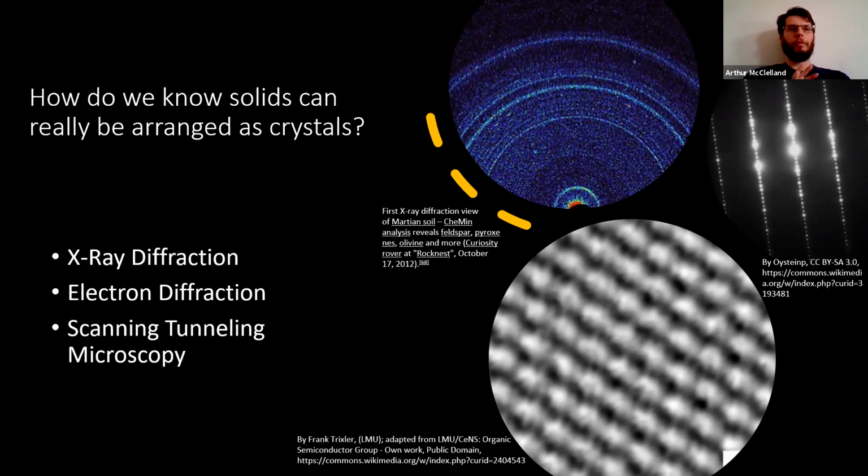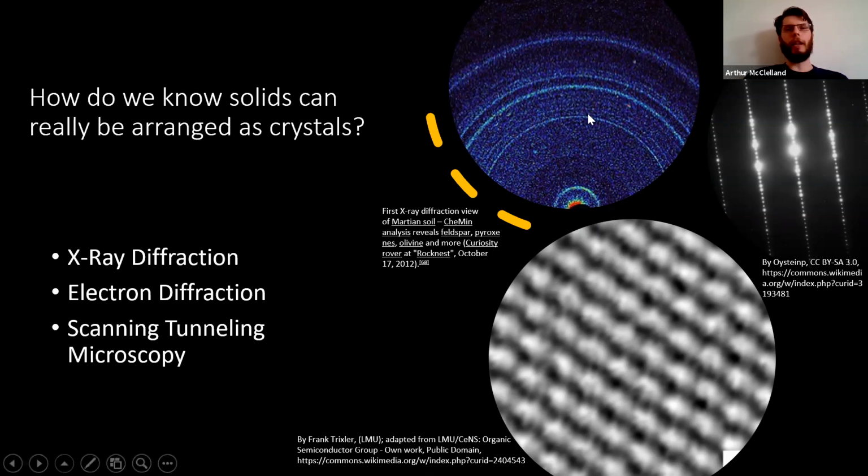All right. So that was all a nice mathematical presentation. You can work out the math, and there's 14 Bravais lattices in 3D. How do we actually know experimentally that the solids can really be arranged as these crystals? So we'll go into experimental techniques next week, but briefly we can do X-ray diffraction.